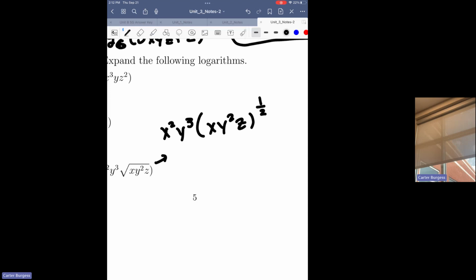Now, when we have addition, we are not allowed to distribute this 1/2 like this, right? When it's addition, we can't do it. When it's multiplication, though, we can distribute the power, right? So if this was x plus y squared plus z, this 1/2 would not distribute. But because they're all being multiplied, the 1/2 can distribute, right?